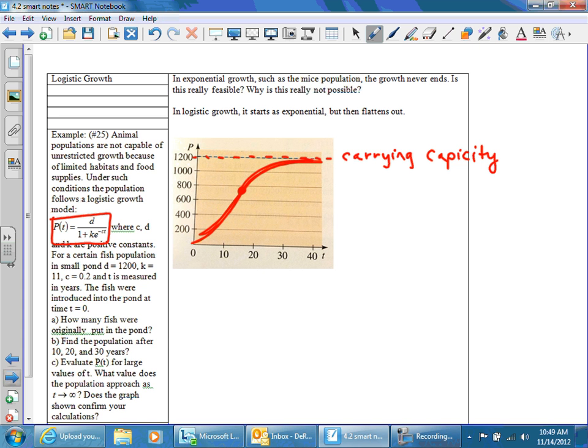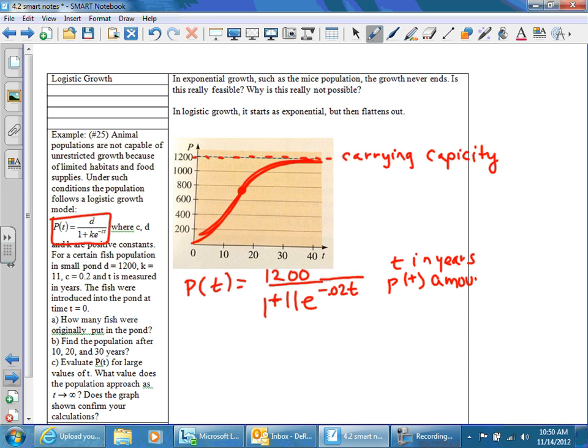Then it tells me for a certain fish population in a small pond, it gives me my D, K, and C. So let's fill those in. And then it tells me T is in years, and P of T would be the amount of fish.